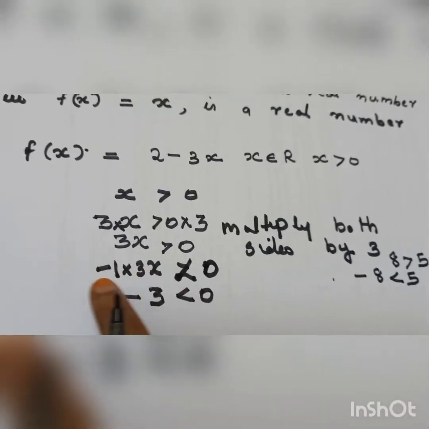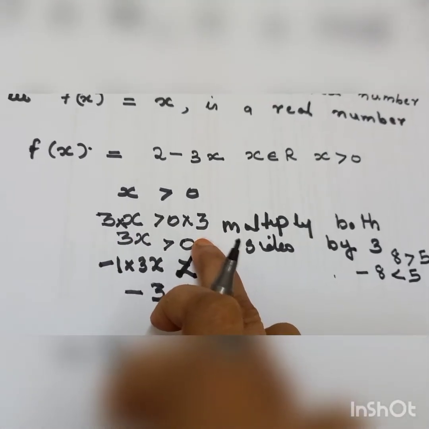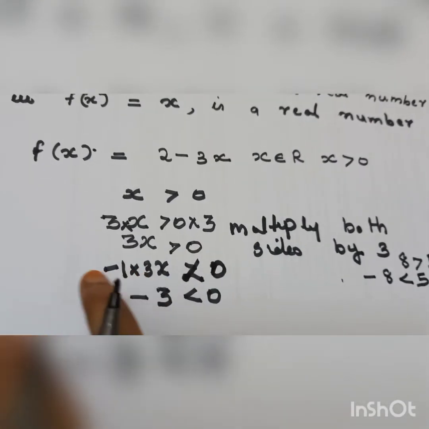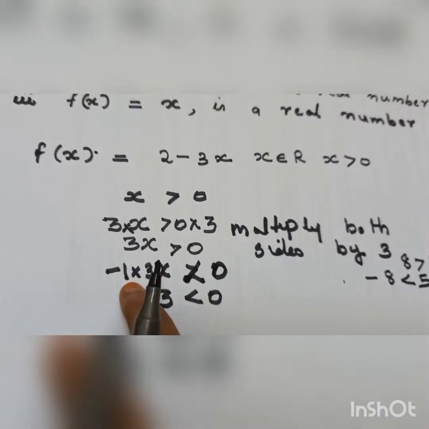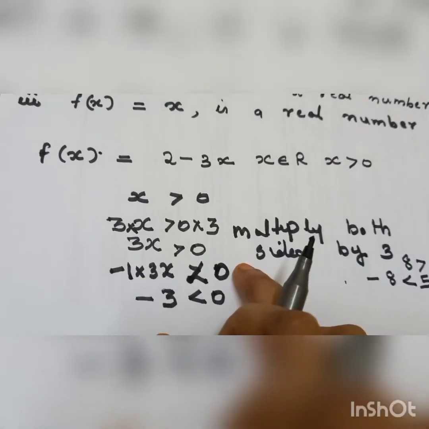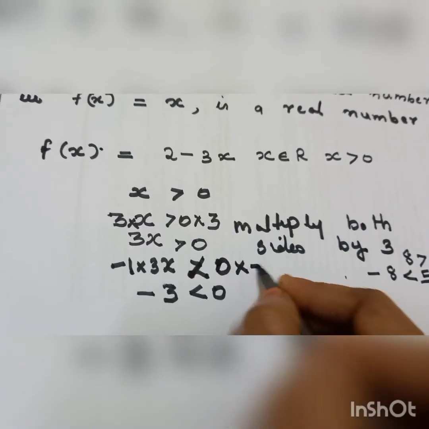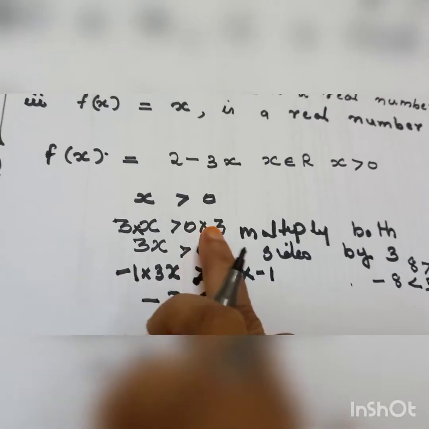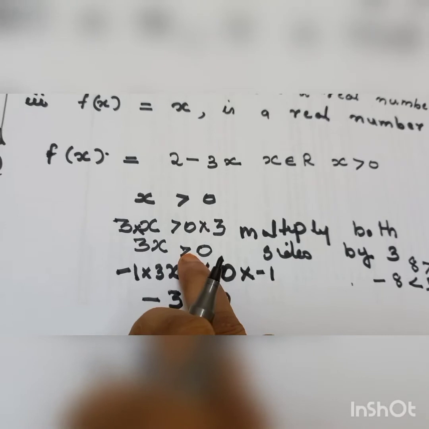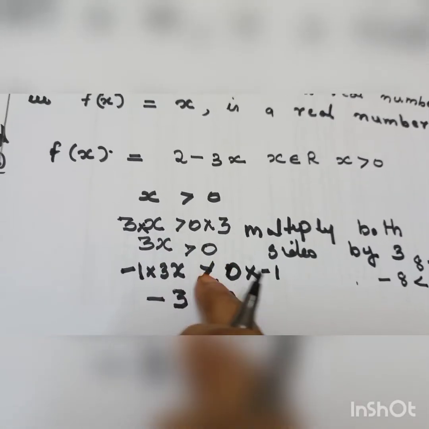Like this, if you multiply both sides by minus 1, we get minus 1 into 3x. Here we are multiplying with minus 1, and the same we have to multiply here also. What is the inequality here? It is a greater sign, so now its sign will change.